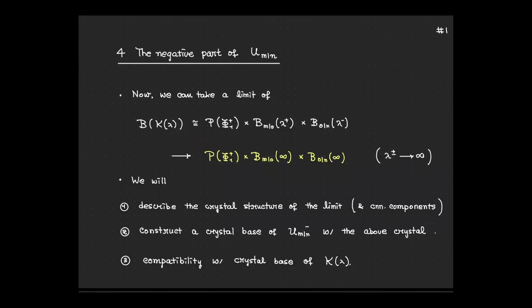Still, we need to describe more precisely what the crystal structure on that set is. Of course, we basically apply the tensor product rule as when describing the crystal structure for the Kac module, and it naturally induces a crystal structure. But in this lecture, we will describe the precise crystal structure on that limit.